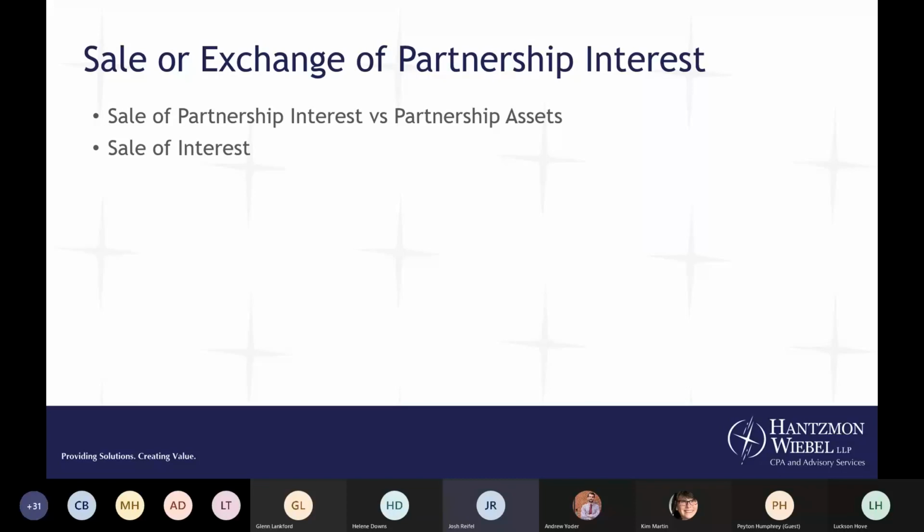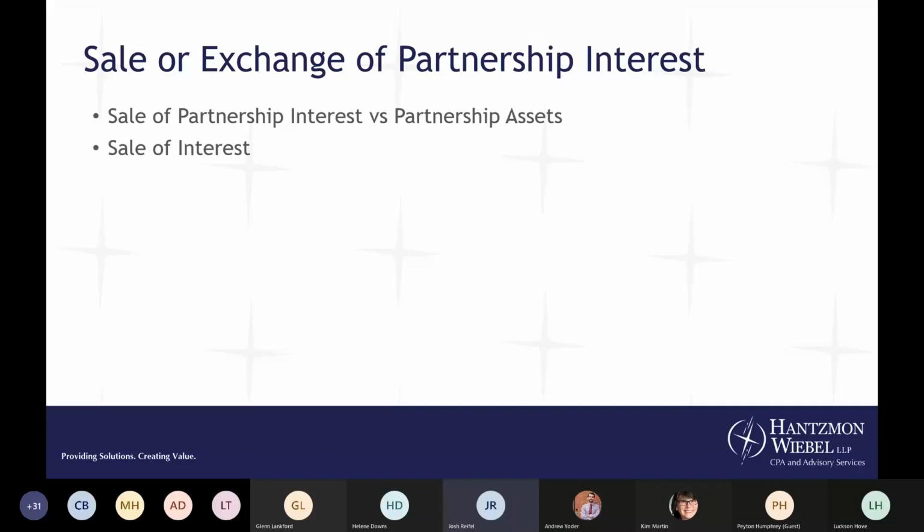Whereas a sale of a partnership interest would be if Glenn and I are 50-50 owners in a partnership, and I decide that I'm done, I don't want to deal with this anymore, but the business is still profitable and Glenn still wants to keep it going. I can take my interest and sell it to somebody else, in which case they're buying directly from me my interest in the partnership, and I'll recognize the gains and losses on my 1040. So there is a difference between the two.